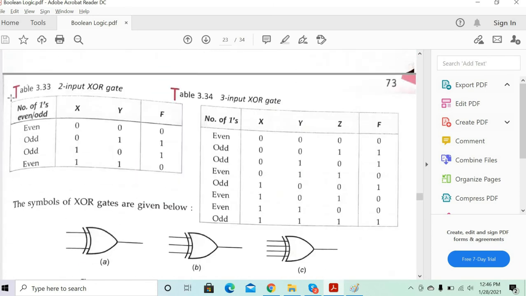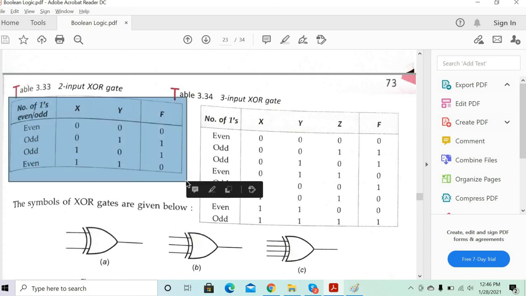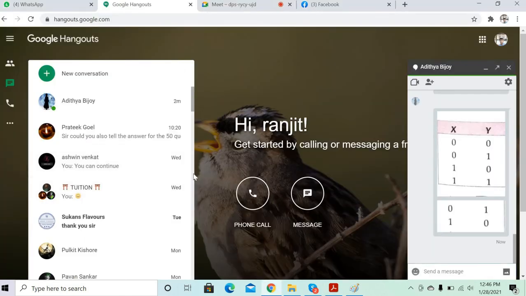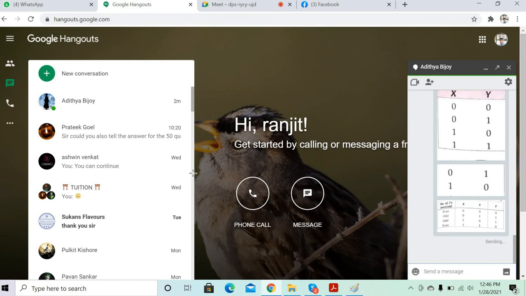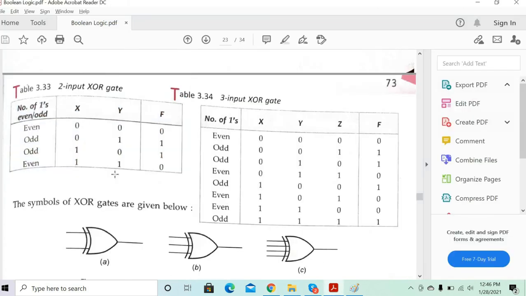So the output of the exclusive OR gate is given like this: 0 0 will be 0, 0 1 will be 1, 1 0 is 1, and 1 1 is 0. So this is called the exclusive OR gate.